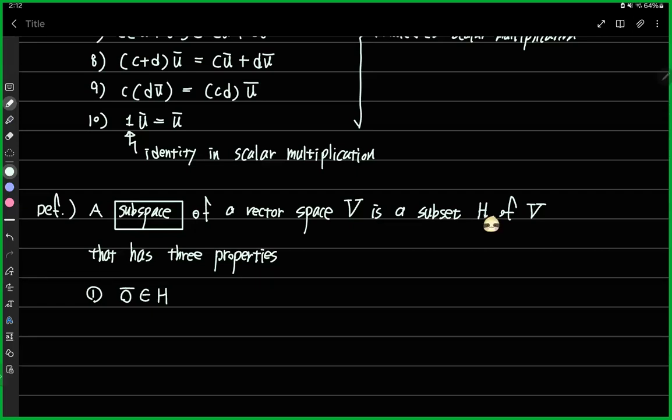So let's say H is a subspace of vector space V. Then first, H must be a subset.